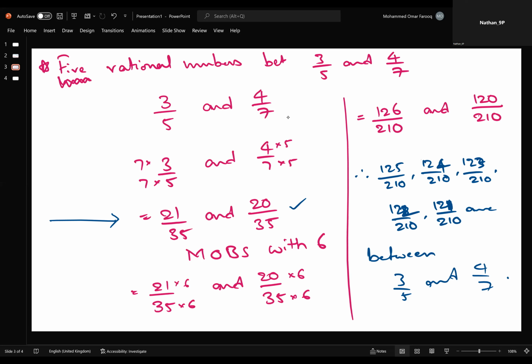You can multiply with any number, but especially 6, why did I do? See, 21 and 20 are consecutive numbers. So for consecutive numbers, if you need 5 rational numbers, multiply with 6. If you need 10, multiply with 11.